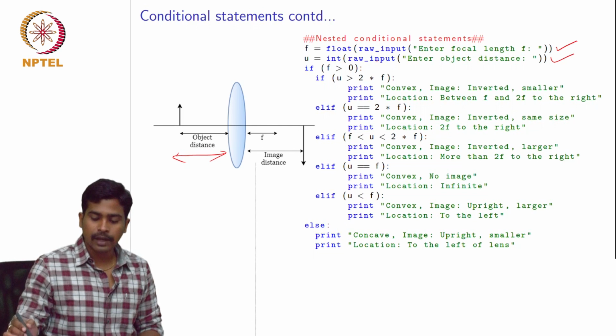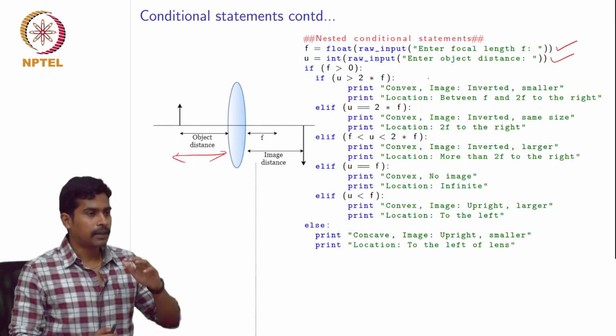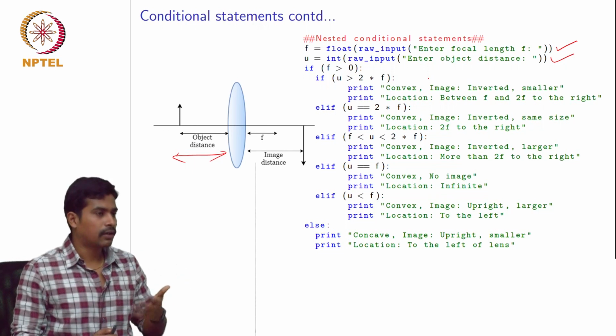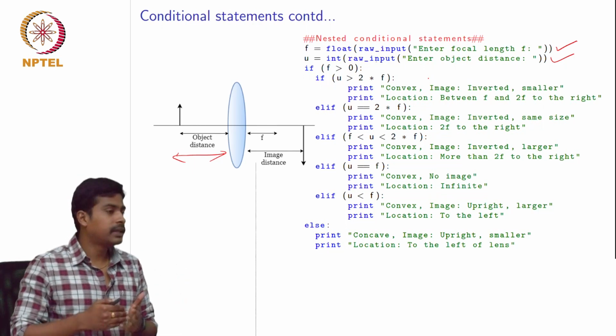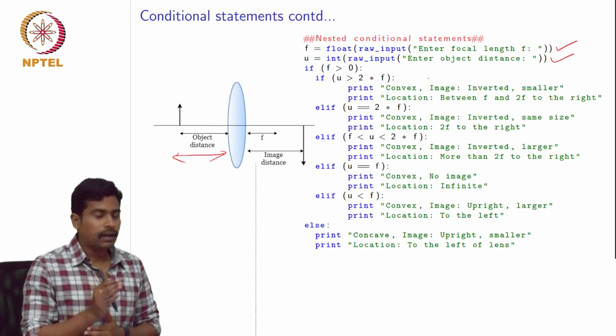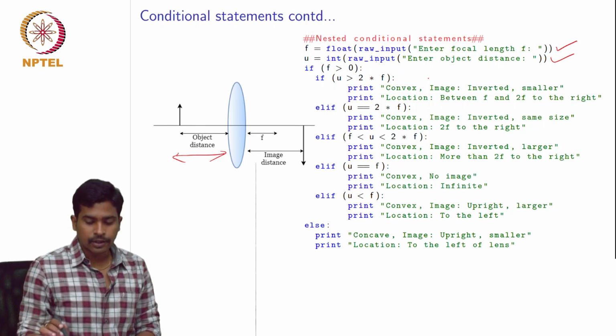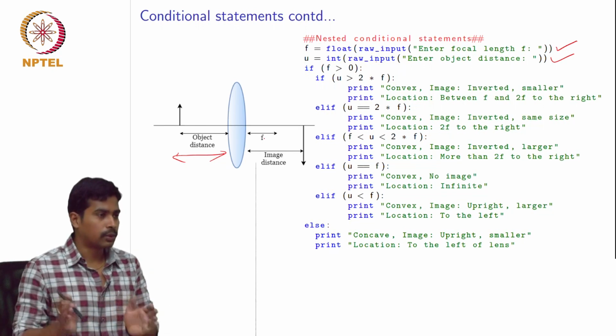Based on these two values, it is going to say if the image is going to be a real image or a virtual image, or if the image is going to be inverted or upright, and about the position of the image, whether it is going to be at infinity or it is going to lie within f or 0 to 2f.